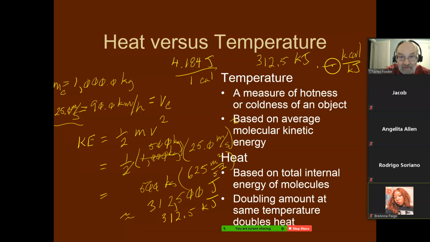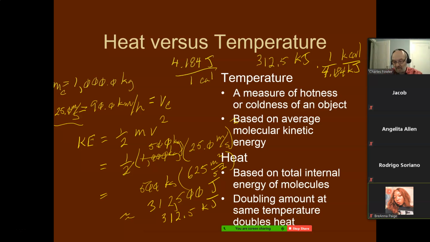That would be 4.184 kilojoules, because you've got kilo in front of both of them, is 1 kilocalorie. Now this is pretty amazing, but let's hit it.